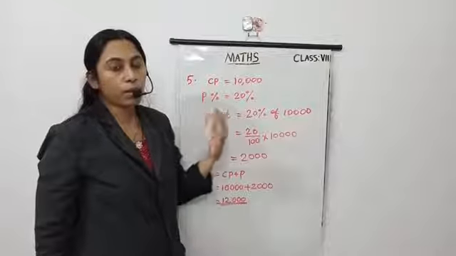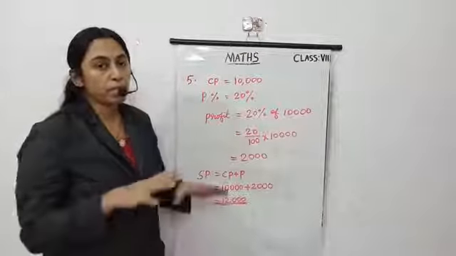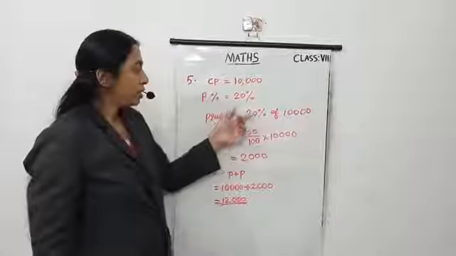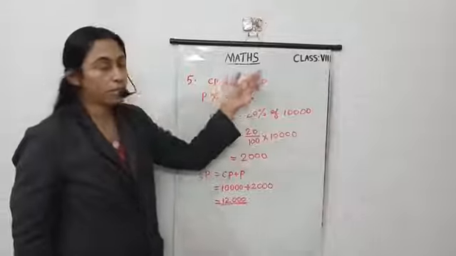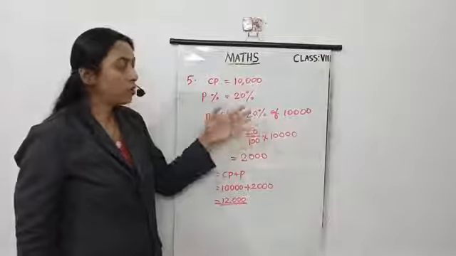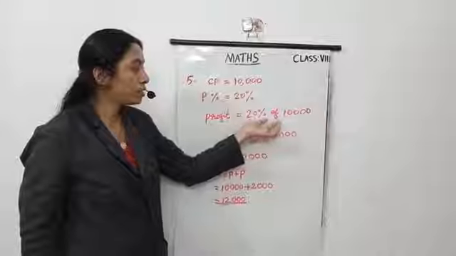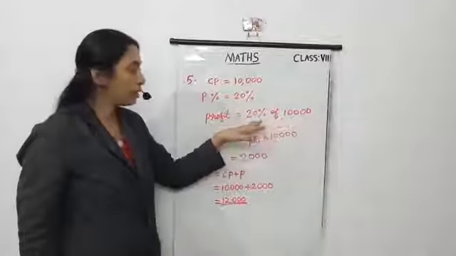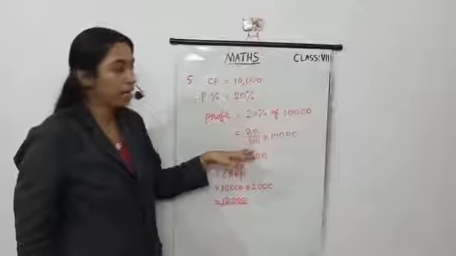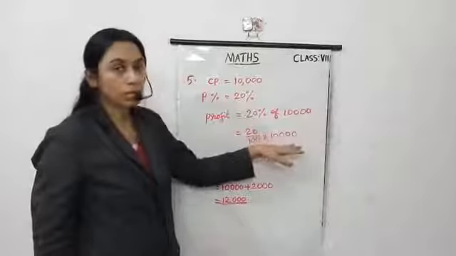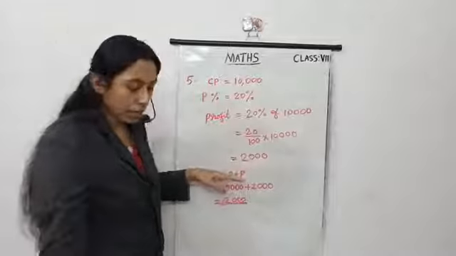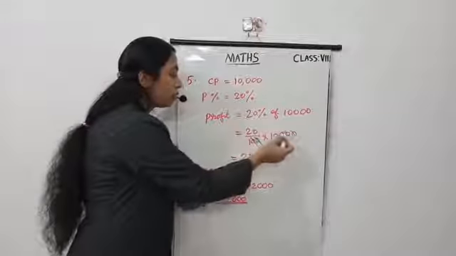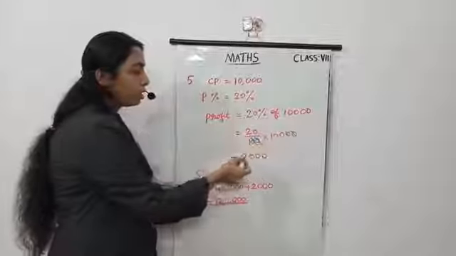Always we calculate percentage based on the cost price. So profit is 20% of 10,000. We already learned how to calculate 20% of 10,000. Of means into. 20% means 20 by 100. So 20 by 100 into 10,000. And we can cancel this 0, this 0, 0, 0. Then 20 into 100, 2,000.